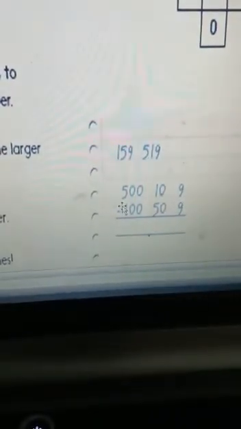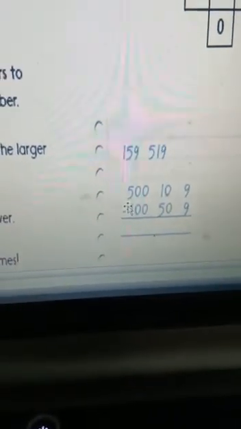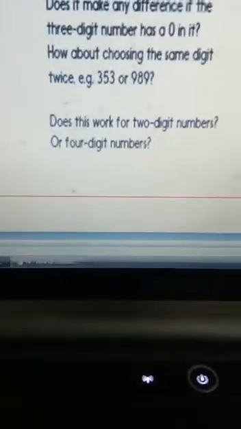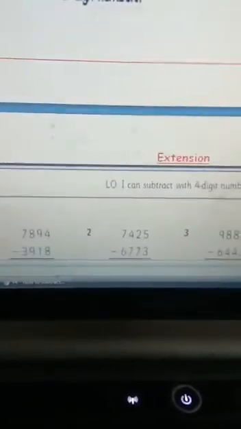Partition it, make sure the bigger number is on the top. 500, 10 and 9 make 519, and then 150 and 9. Do the subtraction and repeat this at least 10 times and just follow some of the questions.